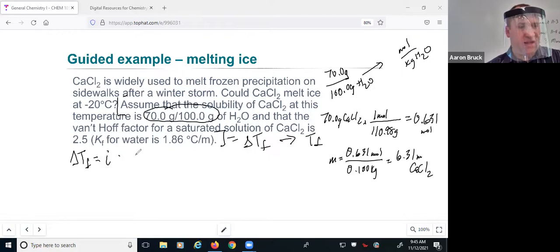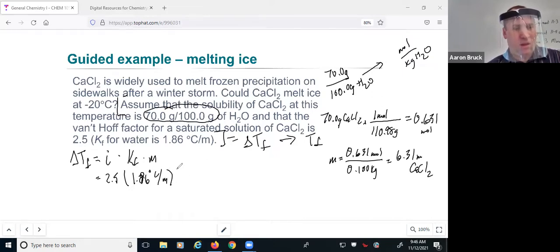Remember, it's i times Kf times m. My i factor here is 2.5. My Kf is 1.86 degrees Celsius per molal. And my molality we just calculated, 6.31 molal.